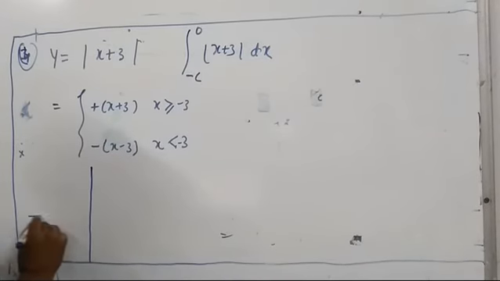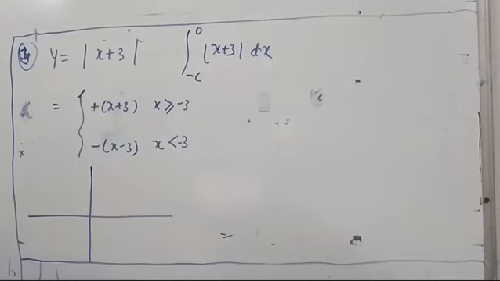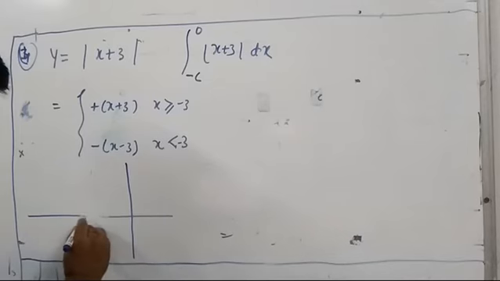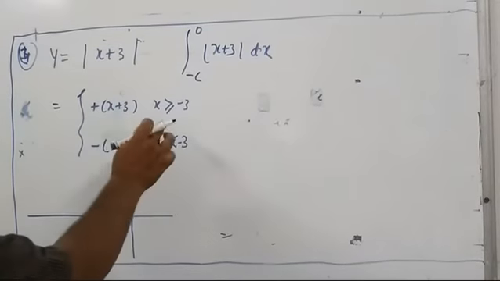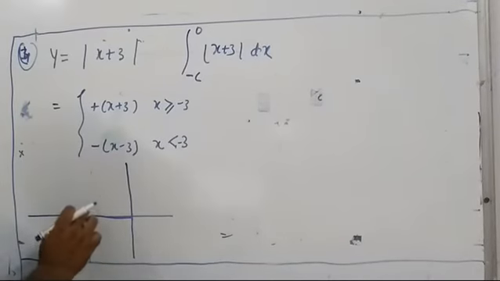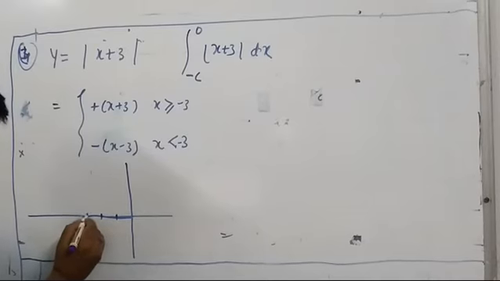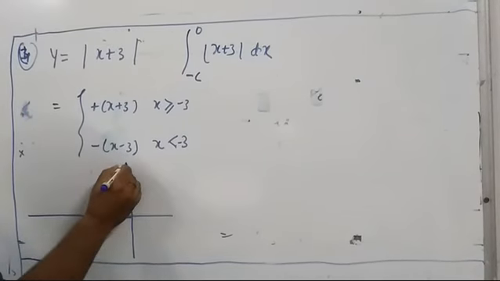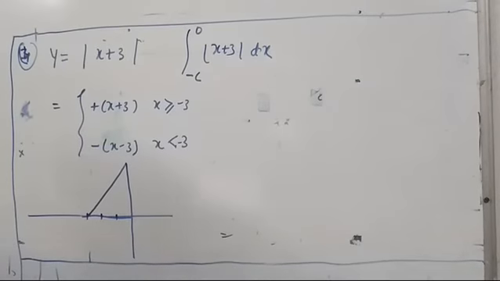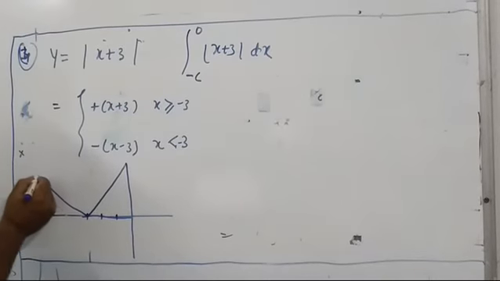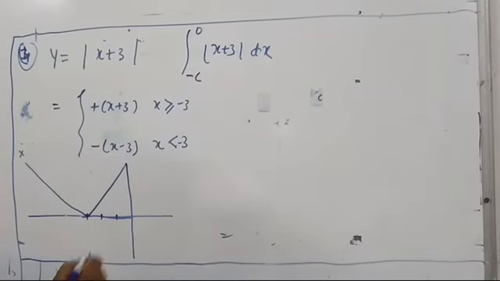Just see the graph. The breaking point is minus 3 here, and we are taking minus 6 to 0. This is 1, 2, 3, minus 1, minus 2, minus 3, and it is positive here, and less than minus 3 here.